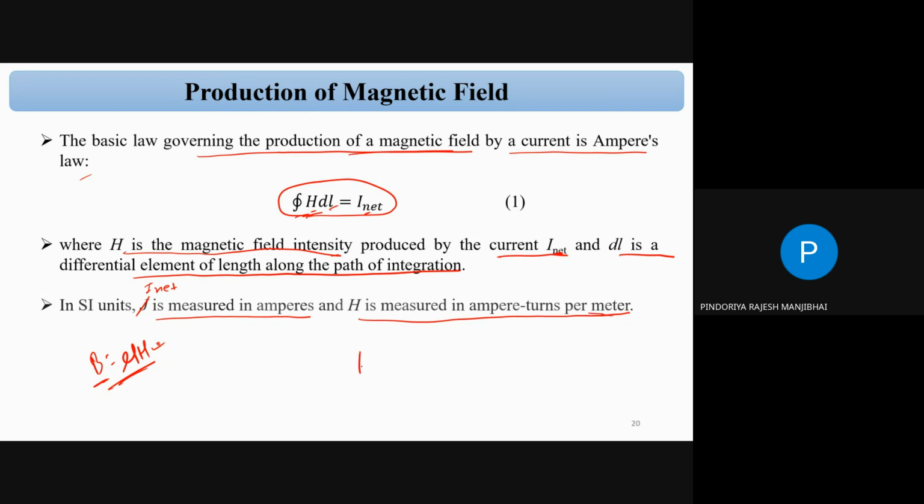So the unit of H is ampere turn per meter. Why meter? Because length we measure in meters as per the SI unit. So this unit is the most important: the unit of magnetic field intensity is ampere turn per meter.